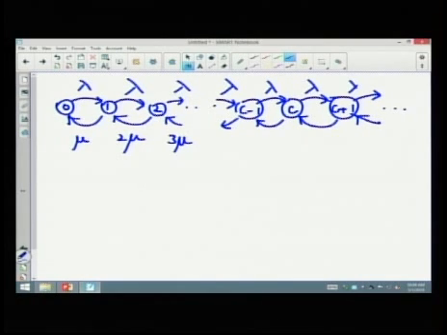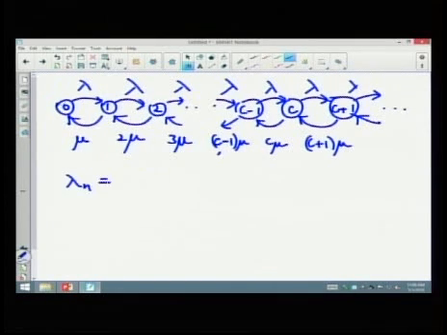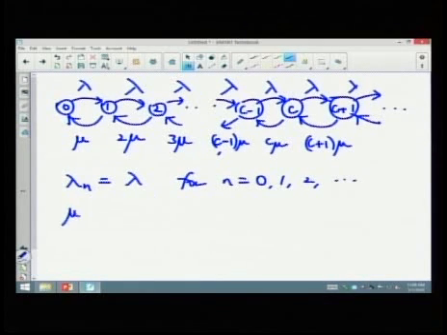And then here, C mu, C minus 1 mu, C mu, C plus 1 mu, and so on. So lambda is all the time the same for every state 0, 1, 2, and so on. But mu is different.